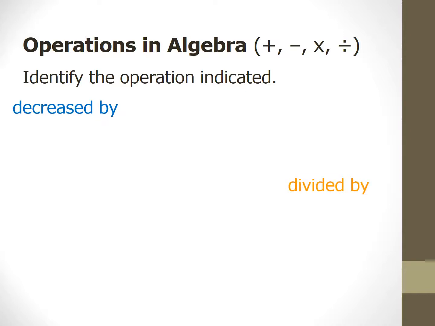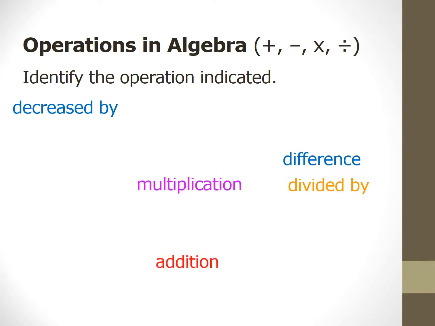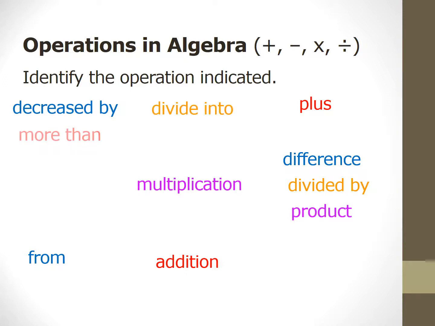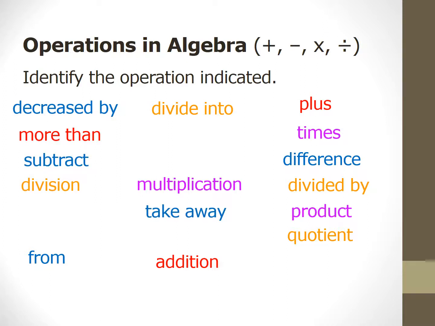You know, divided by. These are all terms that we're going to see. Difference, multiplication, addition, from, plus, product, divided into, more than, times, quotient, subtract, take away, division, of, increased by, per. See, these are all terms that are going to be used, and I know it's overwhelming.